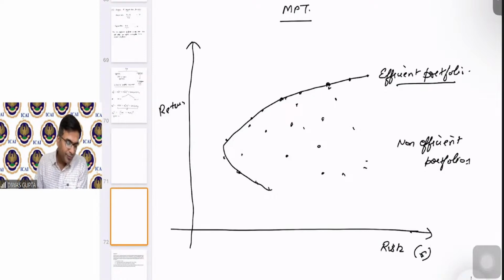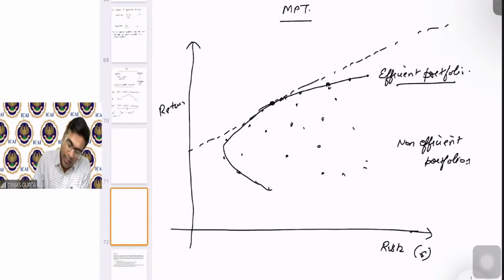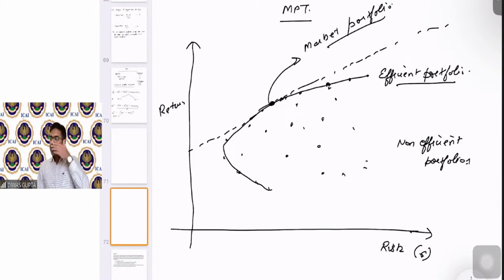And finally, if we draw a line touching this frontier right here, wherever the tangent is drawn, this is called the market portfolio. So there is no further improvement possible in this. This is a 100% optimized portfolio.